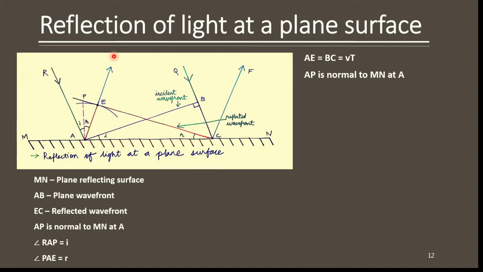AP is normal to MN at A. Angle RAP is equal to I, that is the angle of incidence, as RA is perpendicular to AB, and AP is perpendicular to AC.